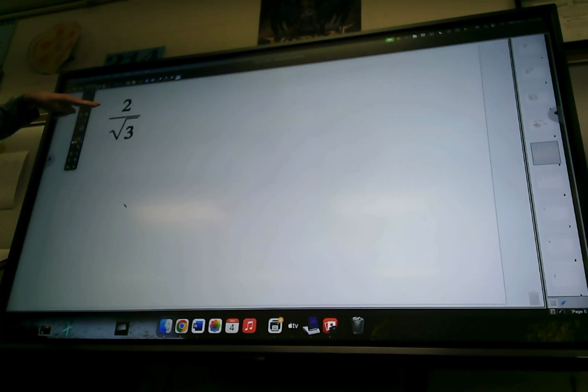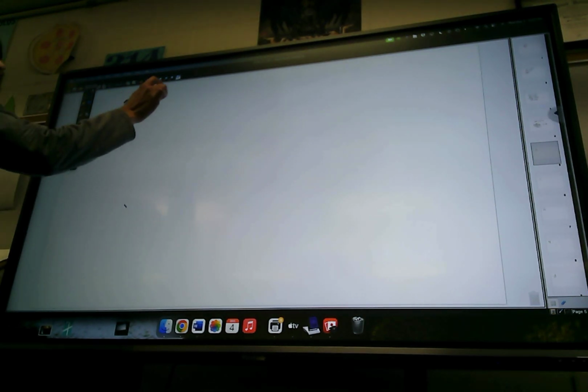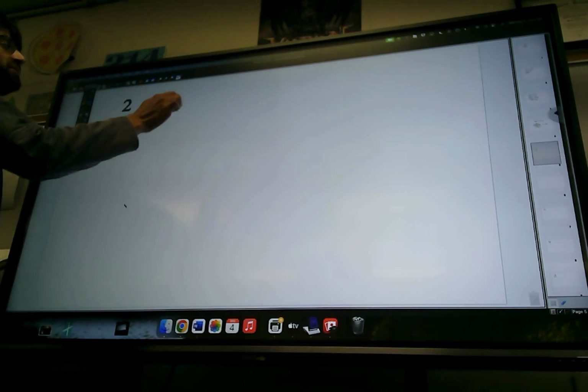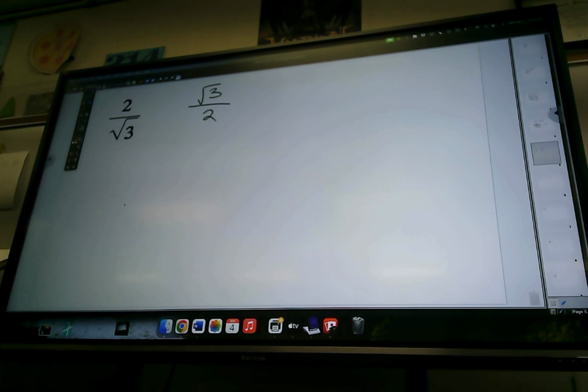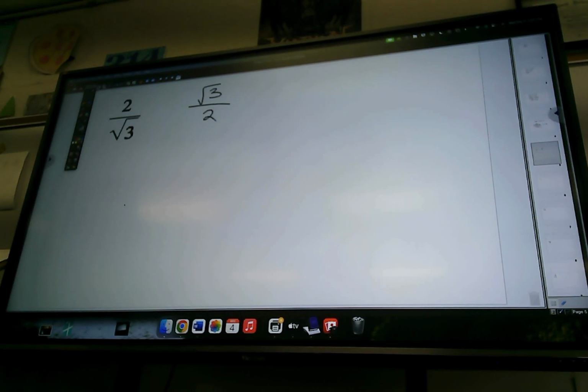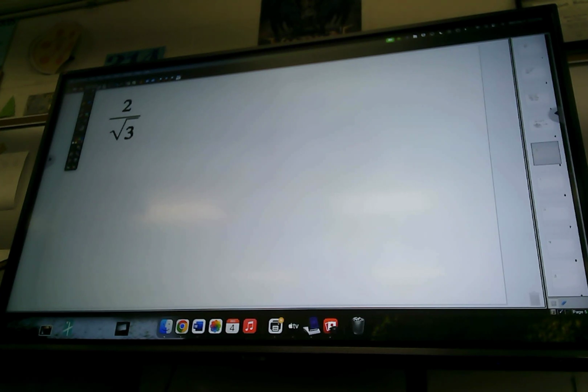It's hard to divide 2 by 1.7. That's not easy to think about. But if it were not a radical in the denominator, can I easily take 1.7 and in my mind divide it by 2? A lot easier than going the other way, right? So that's why we do not want a square root on a denominator.